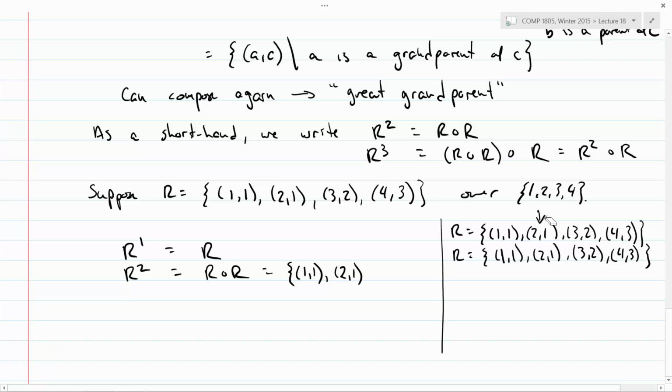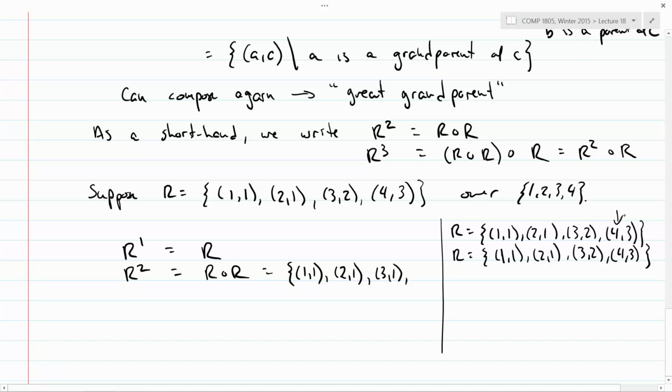Nothing else starts with 1, so I move on to the next thing. (3, 2). So what starts with 2 in the relation? Well, just (2, 1). So I have (3, 2), I have (2, 1), therefore I have (3, 1). There's nothing else that starts with 2, so I move on to the next thing, (4, 3).